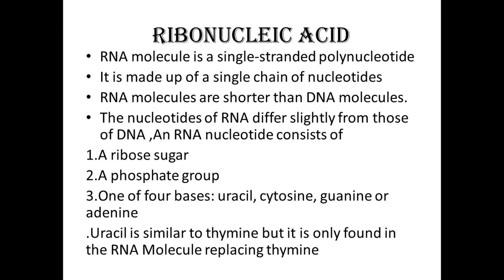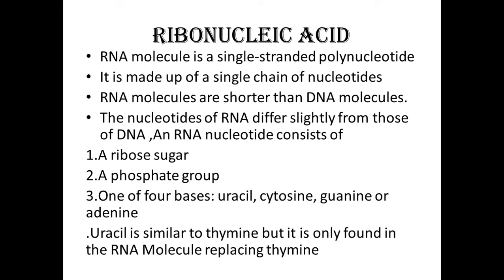Now let's look at the ribonucleic acid. An RNA molecule is a single-stranded polynucleotide. It is made up of a single chain of nucleotides, and RNA molecules are shorter than DNA molecules. The nucleotides of RNA differ slightly from those of DNA.